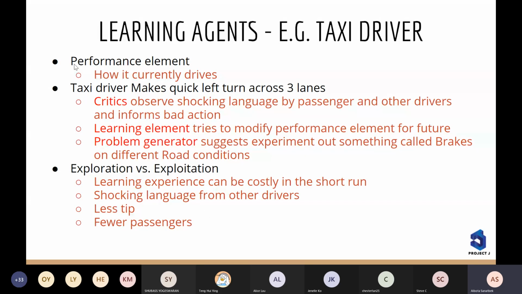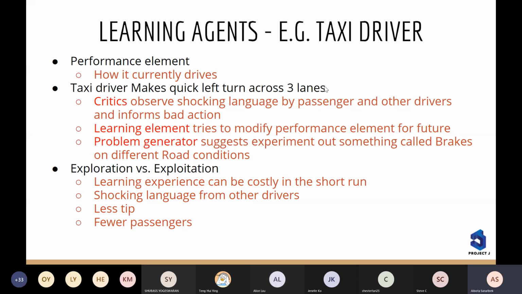So in this case, the performance element will describe how well it's currently driving. Performance elements can be, for example, safety, or how well it's driving, or whether it's driving legally, right? So let's suppose a taxi driver decides to make a left turn across 3 lanes, right?